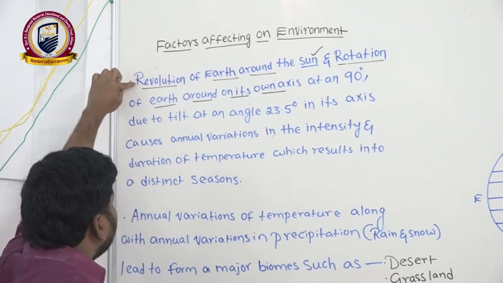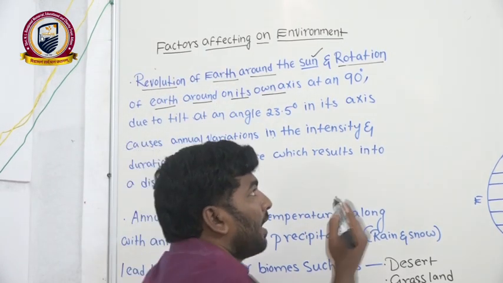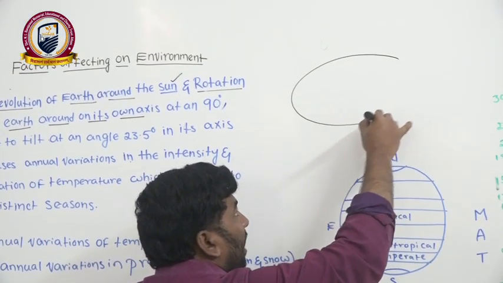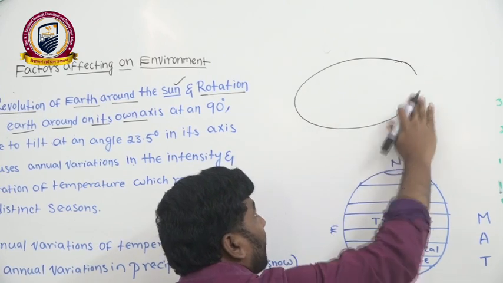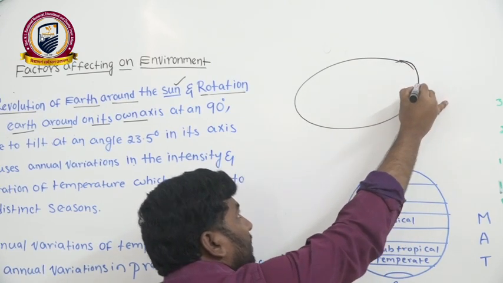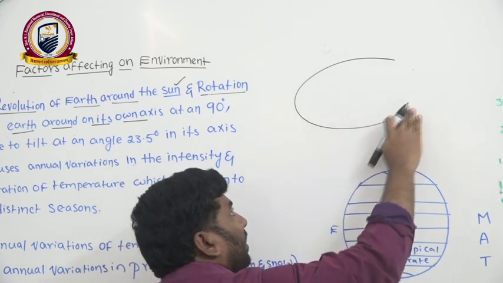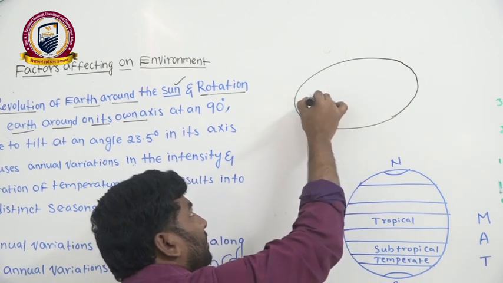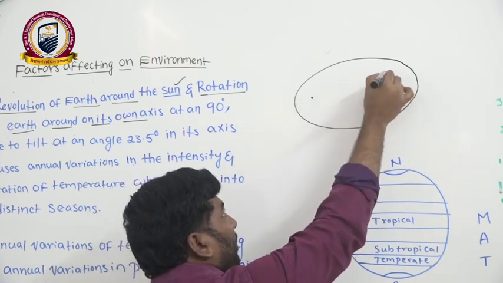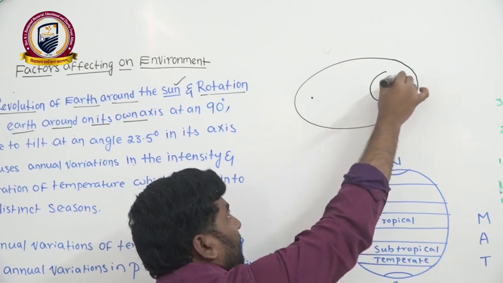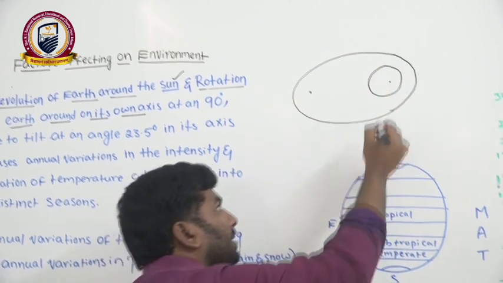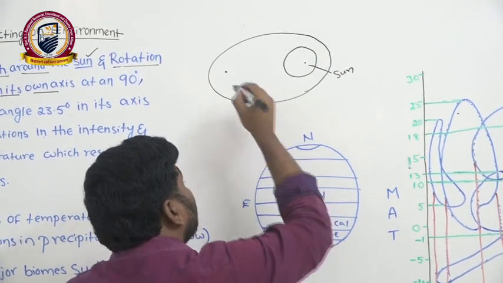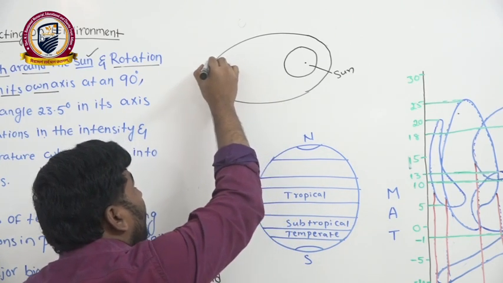Here I told you revolution of earth around the sun. It means, for example, if you take an orbit, the earth orbit, this is the orbit, for example an elliptical orbit. Clear? Now if you take the sun here, consider it the sun. Here the earth is going around.